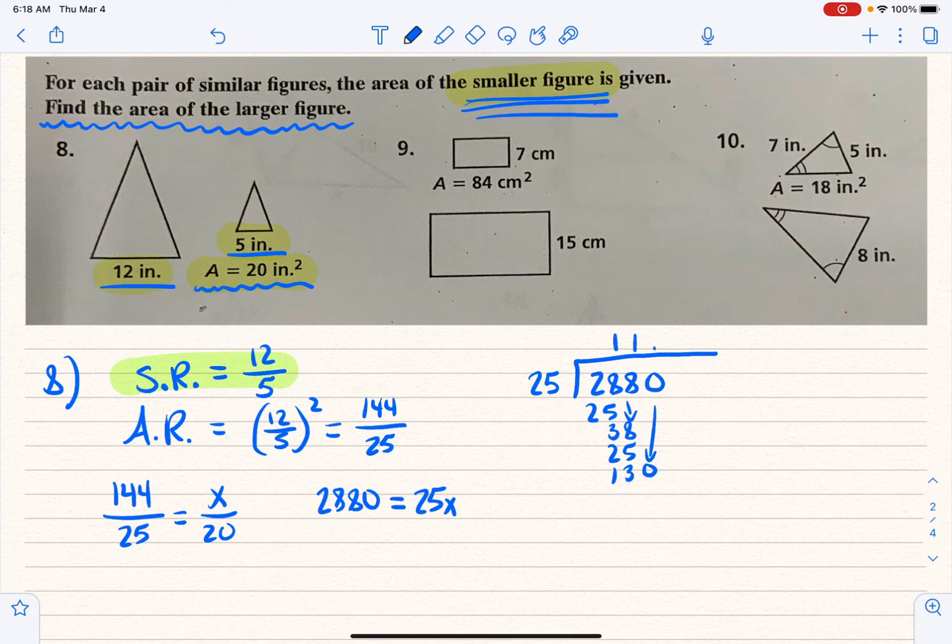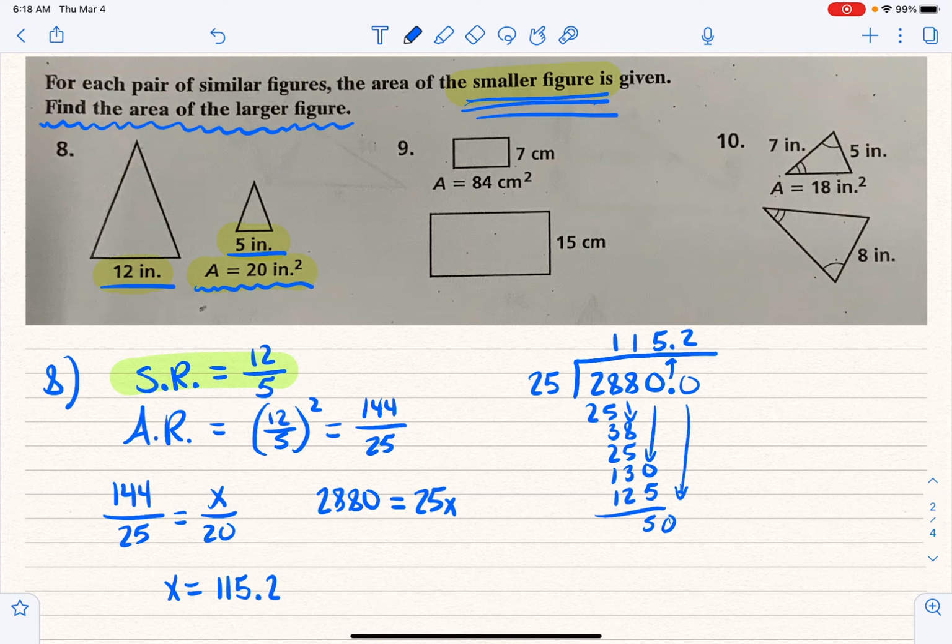And 25 goes into 135 times, which is 125, leaves 5, drop another 0, but here's where the decimal would be. So it would go up there. And so then I would get 25 goes into 50 2 times. So my answer is 115.2. X is 115.2. And when I say X, I mean the area of the larger figure.